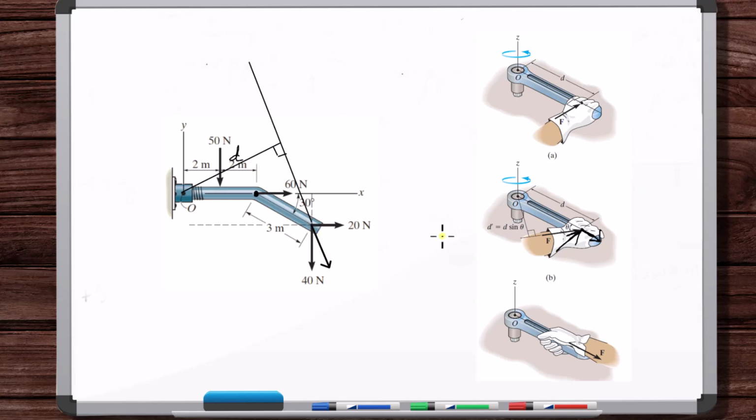Or you can look at it as R times F sine theta, where there's a component of this force that's parallel to this line. It's taking that out, finding the component that's not parallel to this line, and then multiplying that times this distance.